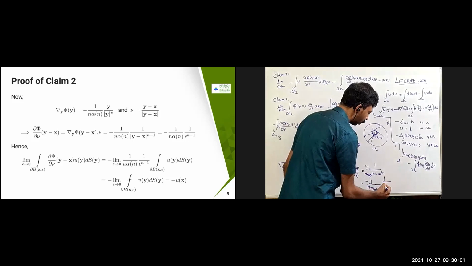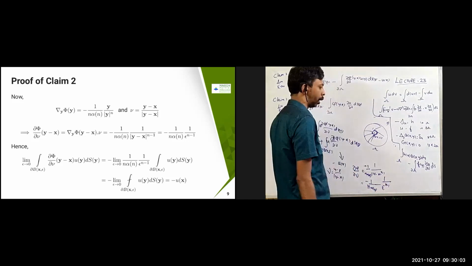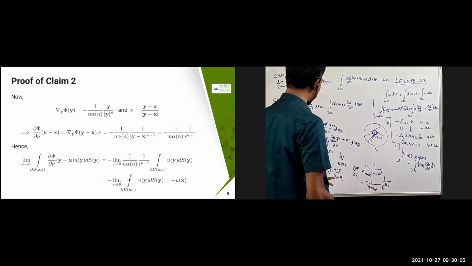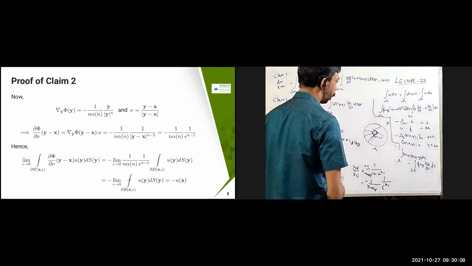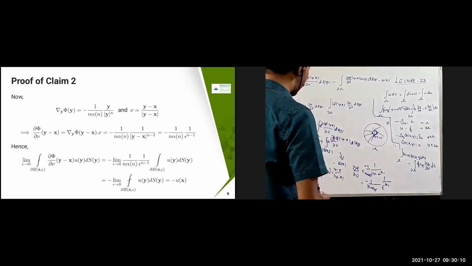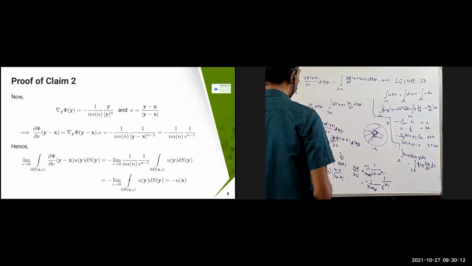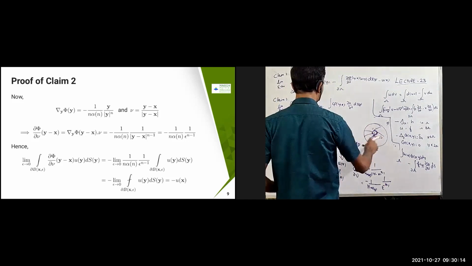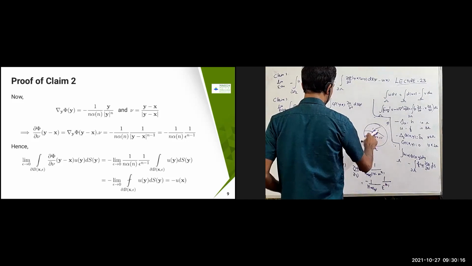So you are going to get 1 by epsilon power n minus 1. Because the distance is y minus x, that is going to be epsilon power n minus 1, because you are going to take it in the ball, this dou B of x comma epsilon.